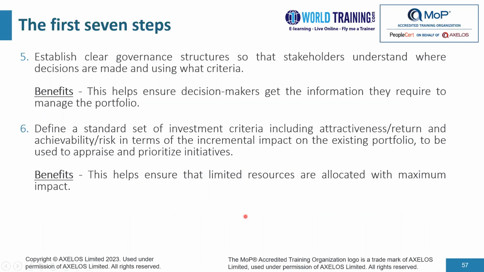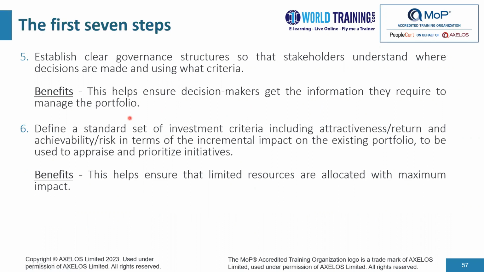Step number 5, establish clear governance structures so that stakeholders understand where decisions are made and using what criteria. The benefit of this step is that it helps ensure decision makers get the information they require to manage the portfolio.